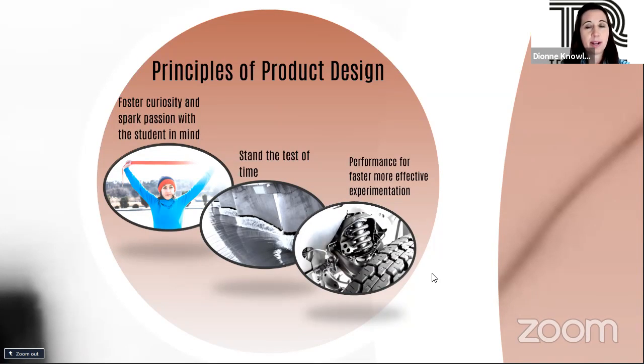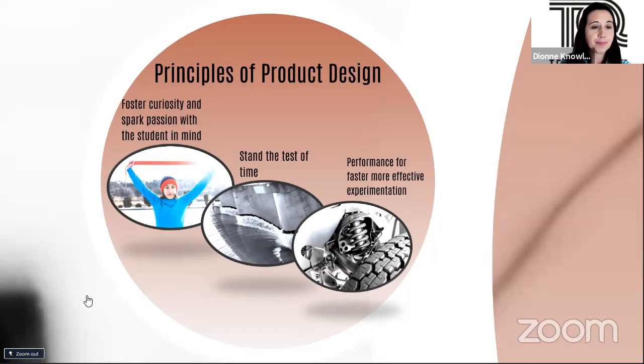So we've got equipment from the 1960s that is still being used. And whenever we're developing new products and enhancing existing products, we're looking at how we can make products perform faster and be more effective without compromising the learning outcomes. Well, that's it from me introducing TecQuipment.